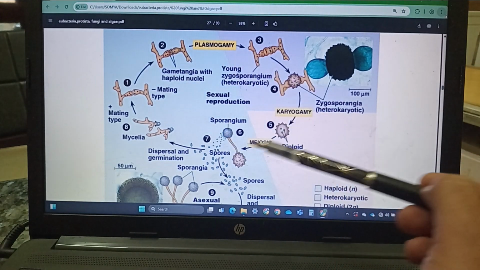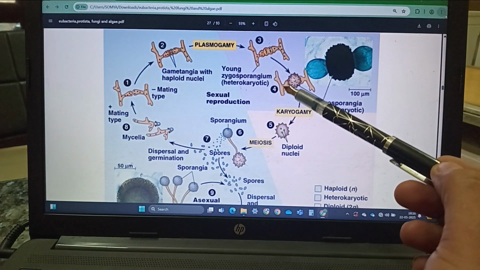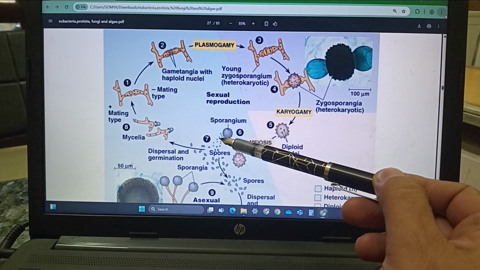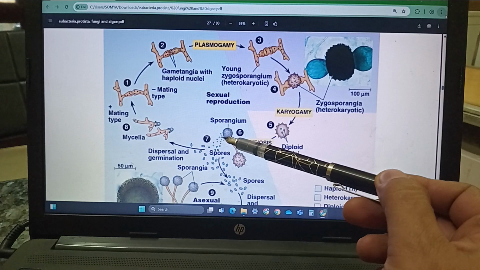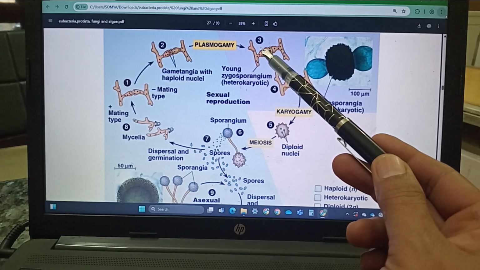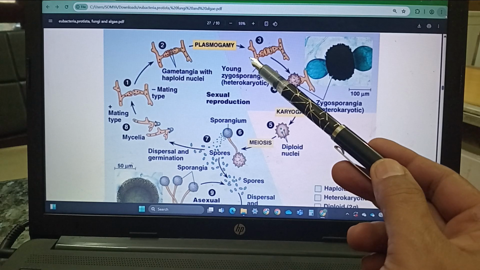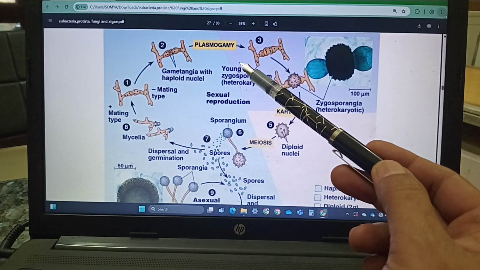So this is sexual reproduction in which zygospores are produced, formed by fusion of the gametes. The isogamous condition is present in Zygomycetes, but anisogamous and oogamous conditions are present in the Oomycetes.